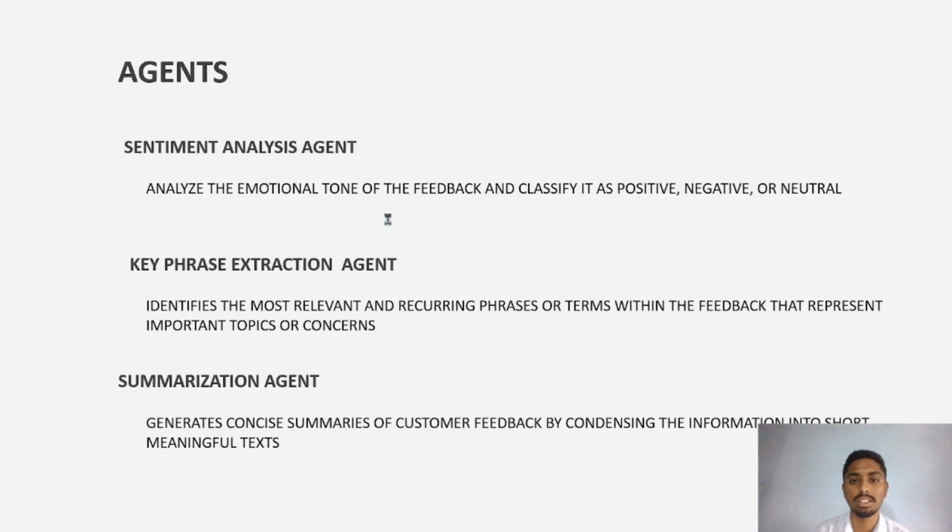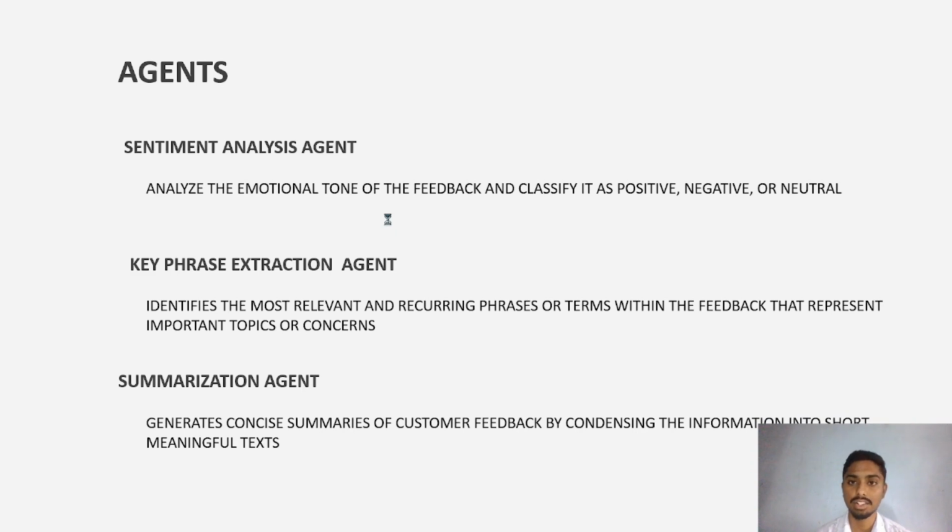As we spoke about the agents, agents are the individual components that work on their specific task. Let's say we have multiple agents in our application, one for the sentiment analysis, one for the key phrase extraction, and one for the summarization. So they are only specific to their particular task. The sentiment analysis agent will analyze the emotion and tone of the feedback and classify whether it is a positive, negative or neutral sentiment.